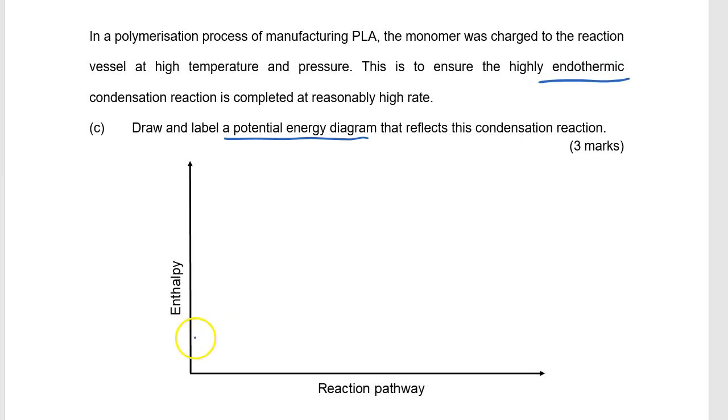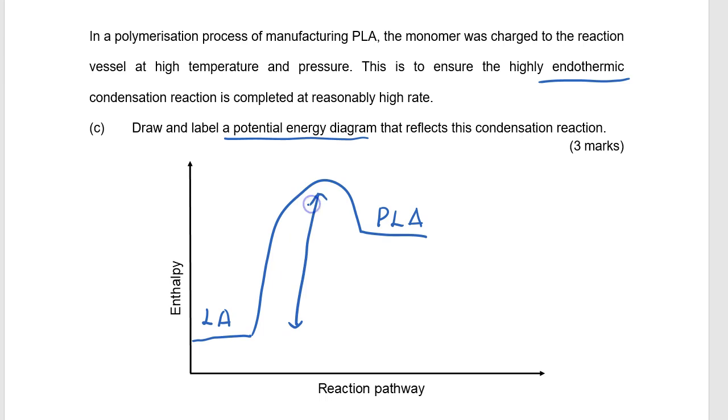So you're supposed to start with your reactants, okay, and then you have the bump, and you have this. Okay, please make sure you draw it neater than mine. Okay, the pen is very slippery on the screen. Okay, so here is your lactic acid, this is your polylactic acid, and this would be your activation energy, and this would be your delta H, energy absorbed.